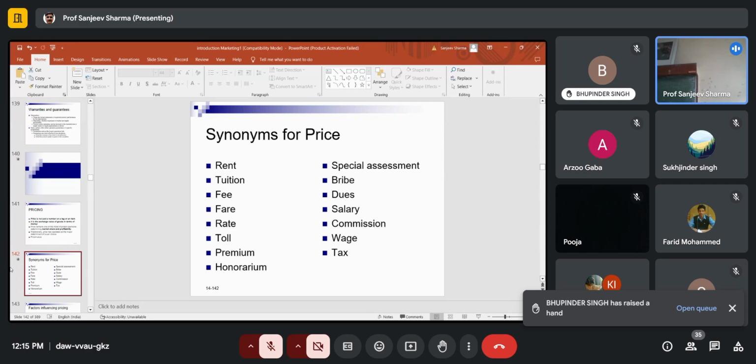Then you add processing cost. It could be labor, it could be chemicals, anything.